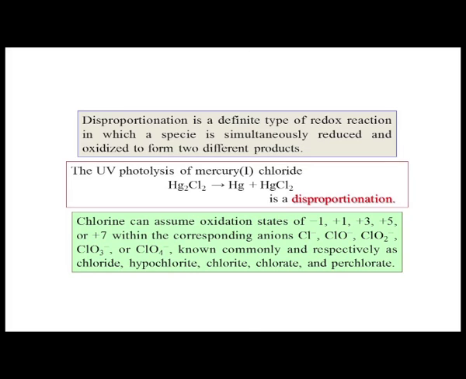So, if we are talking about the disproportionation reaction of a particular species, we have to think about its potential in terms of its reduction as well as its oxidation.